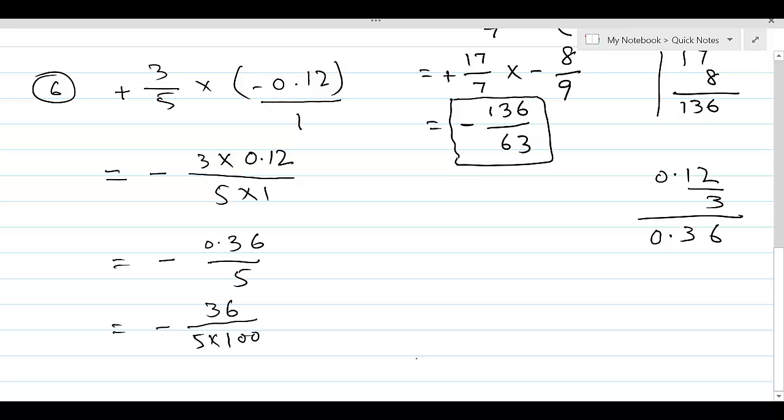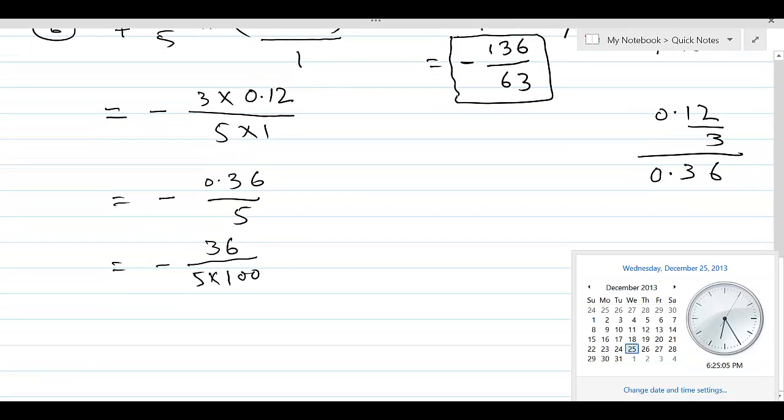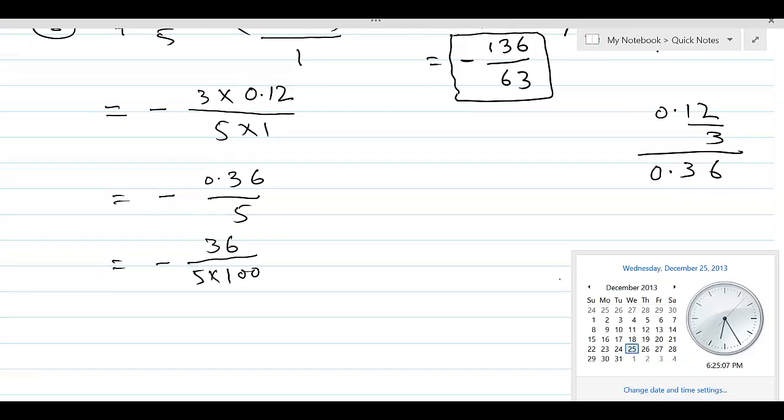No more decimal now. So if the decimal is after 2 digits, divide it by 100. If it is after 1 digit, divide it by 10, and if decimal is after 3 digits, then divide by 1000. So that's a simple rule to convert a decimal into a fraction. And this is equal to minus 36 over 500.